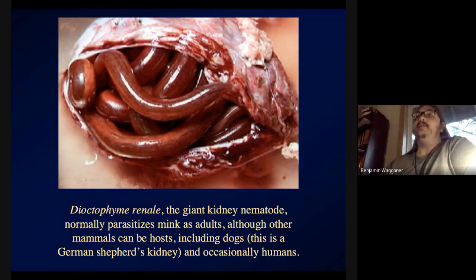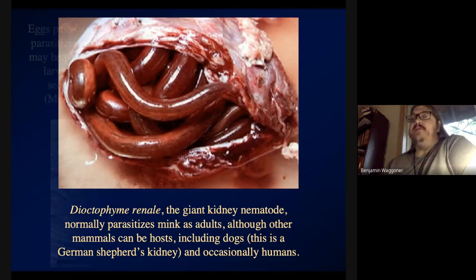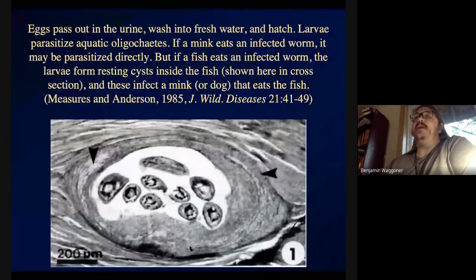But yeah, yet another reason to cook your food reasonably well, because you could get this from eating undercooked freshwater fish. Since this is a worm that lives in the kidney, eggs pass out in the urine, they hatch in fresh water, and the larvae parasitize aquatic oligochaetes. You might remember when we talked about segmented worms, oligochaetes are the ones that have very few bristles.